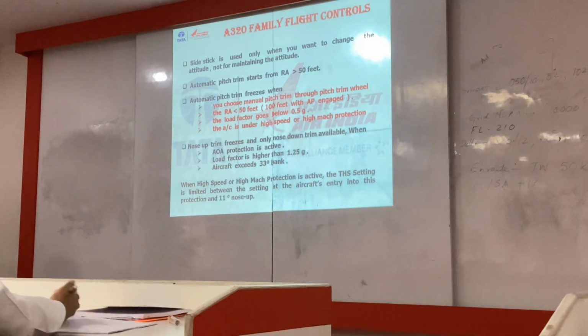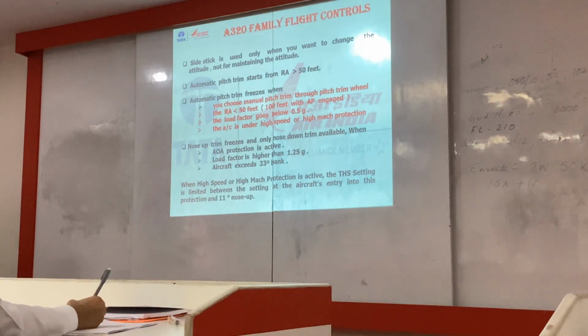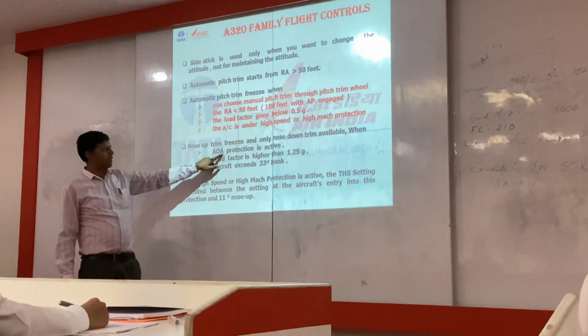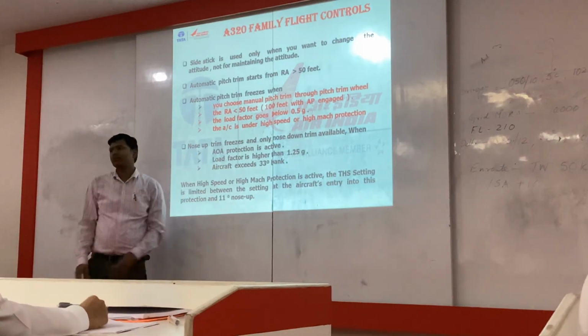If the autopilot is engaged, the value is 100 feet. Load factor goes below 0.5 G, or the aircraft is under high speed or high Mach protection. Under these conditions, automatic pitch trim will freeze. Nose up trim freezes only. Nose down trim is available when angle of attack protection is active.